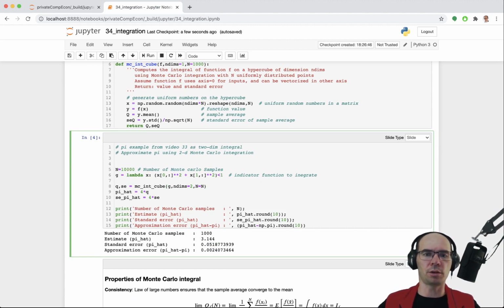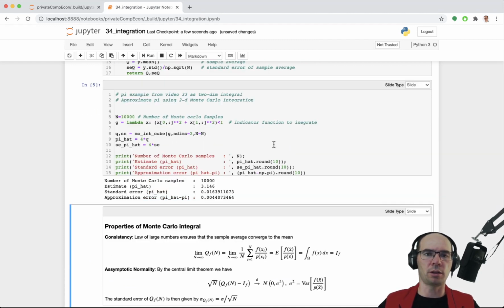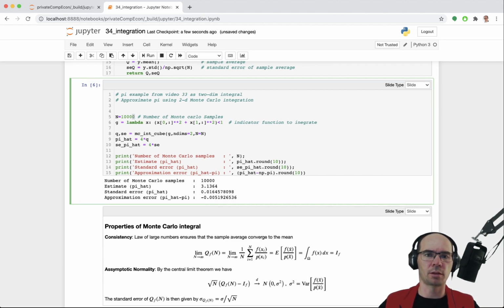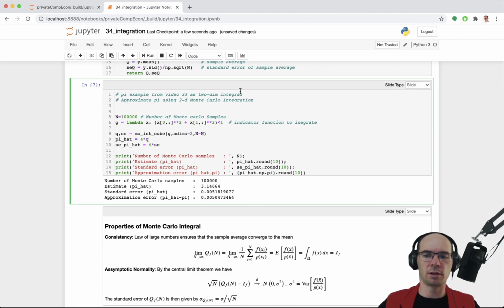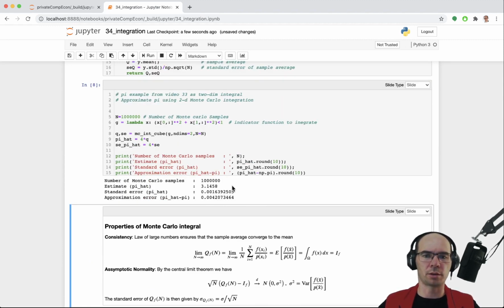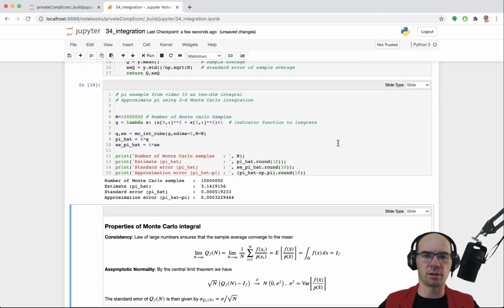Let's try to reduce the error. So the error is now in the third digit. If I use 10 more points, the error is still in the third digit. And if I use 100 more points, the error is still in the third digit. How about 1,000 more points? Oh no. See, we need a lot more points to get an error into the fourth digit.